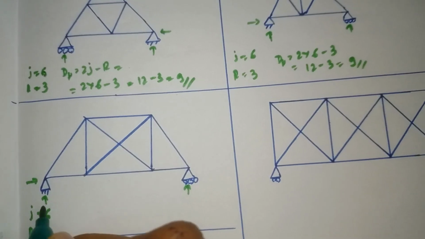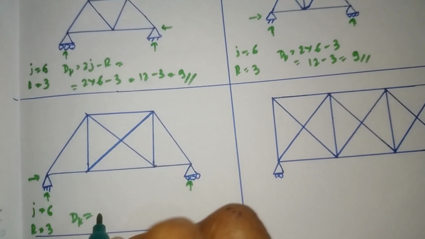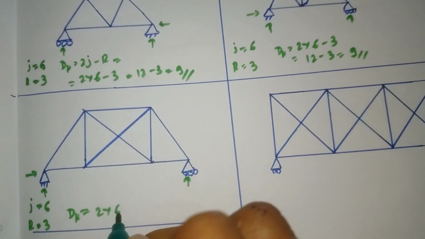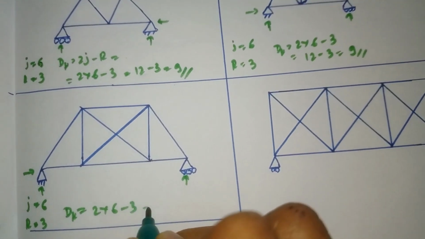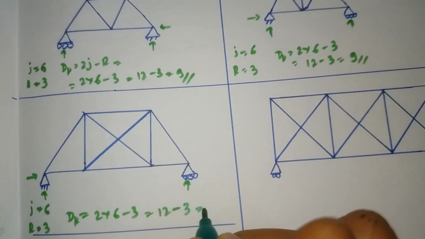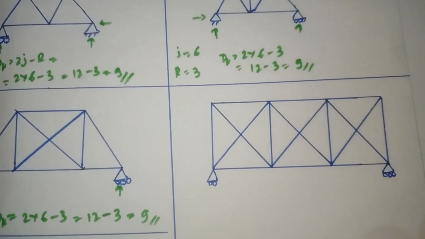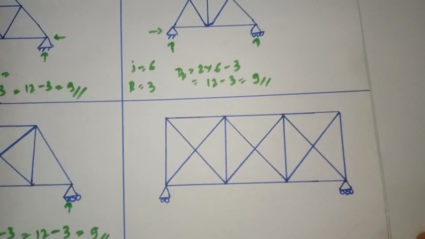The total number of unknowns is 3. Now substitute in our formula. dk is equal to 2 into j is 6, minus r is 3. 2 into 6, 12 minus 3, 9. It will come out as 9. So we'll go with this.